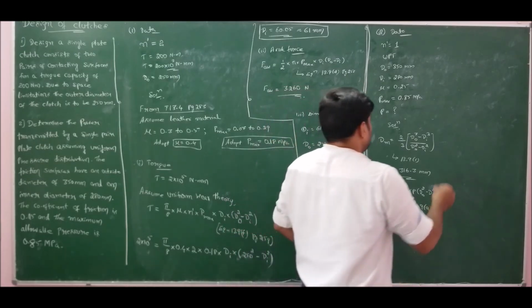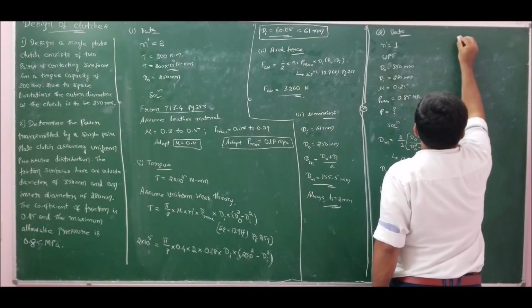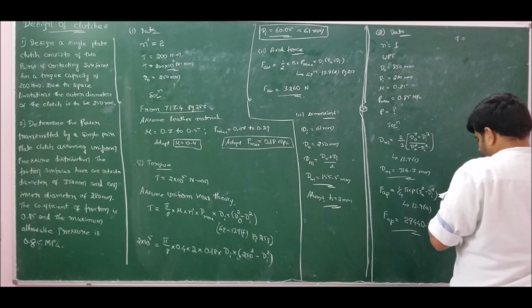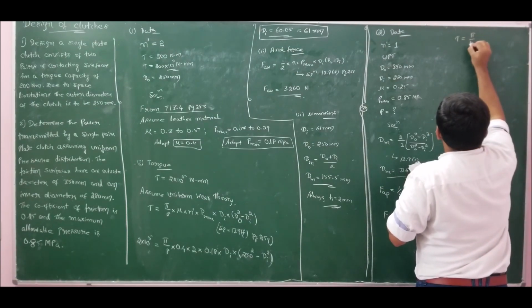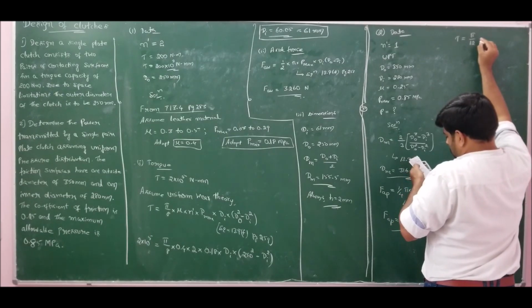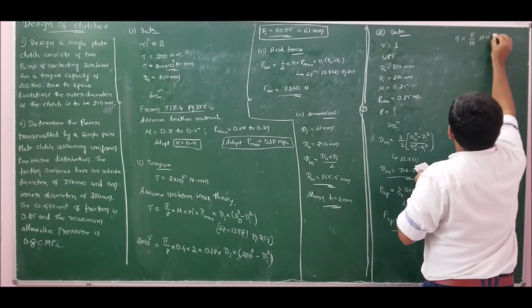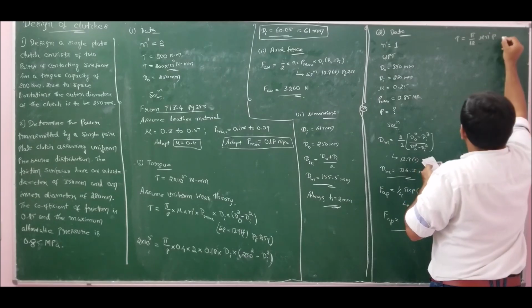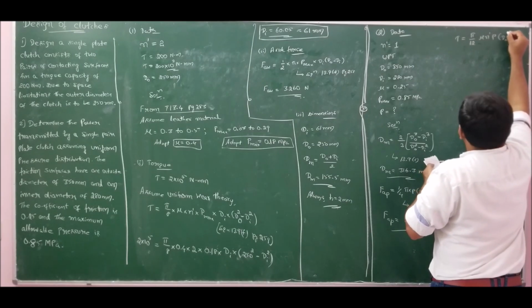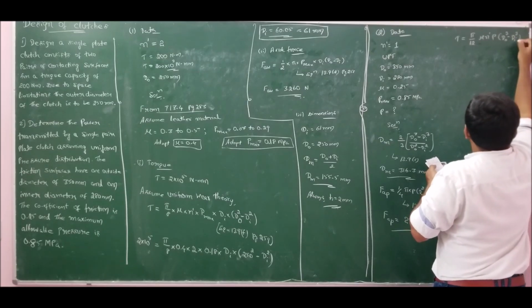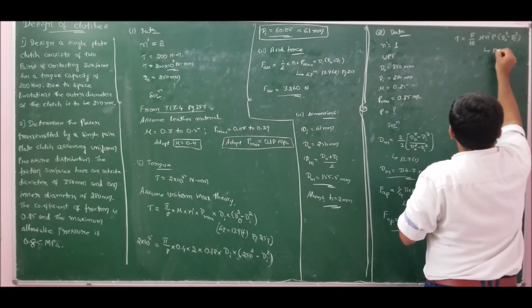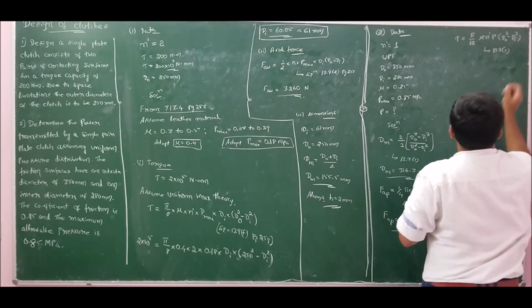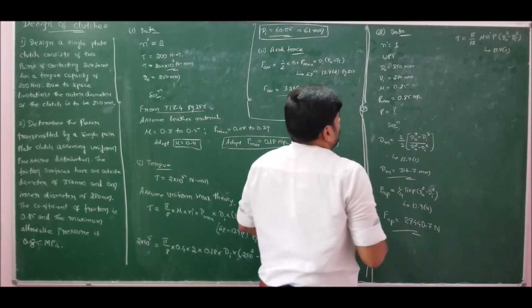Now finally, if I calculate the torque, we have the torque equation which is given by pi by 12 mu n dash p d naught cube minus di cube. This is equation 13.9c. Now we know all the values.